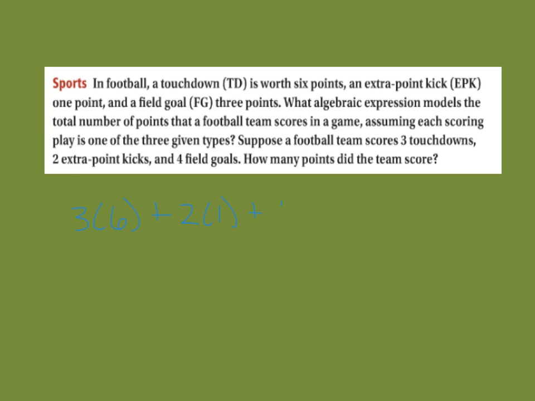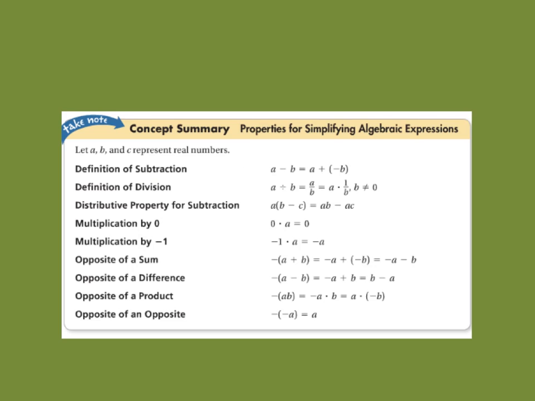And 4 field goals, and 4 field goals is worth 3. And I should see this on your paper if this were given on a test, because that's showing your work. Once you have that, you can plug it into your calculator and get 32 points. Whenever you have a word problem, you should always have whatever you're talking about. So in this case, it's points.